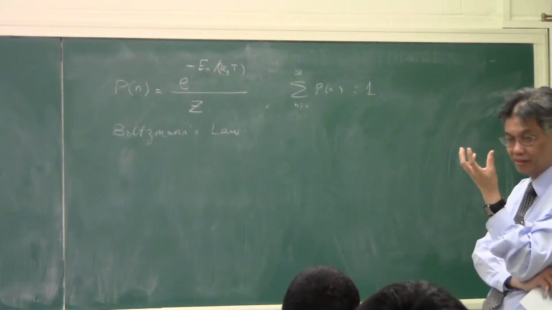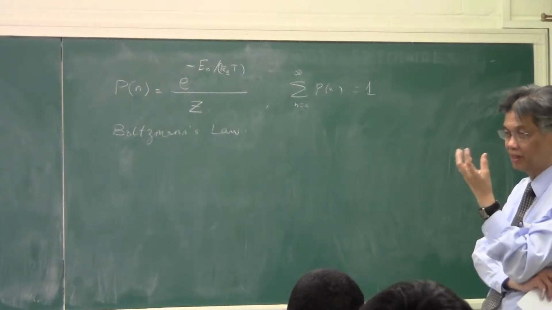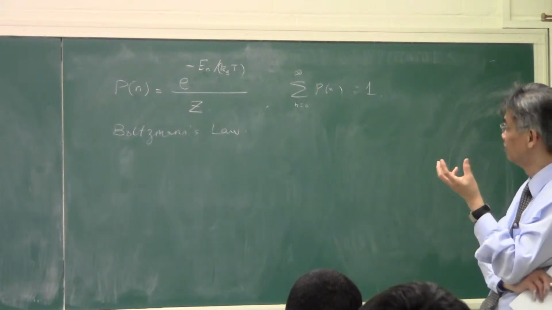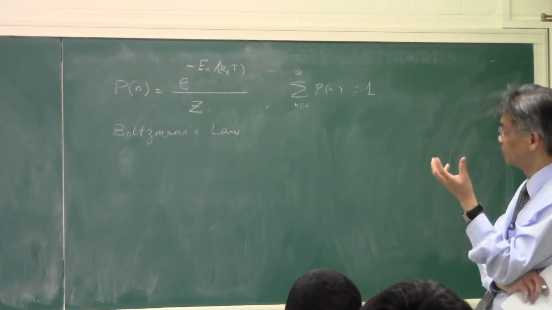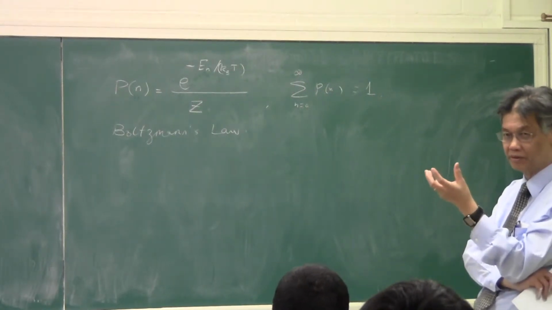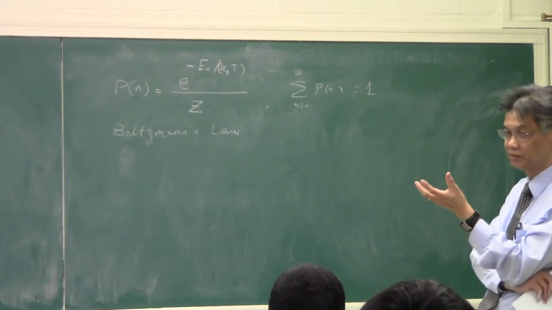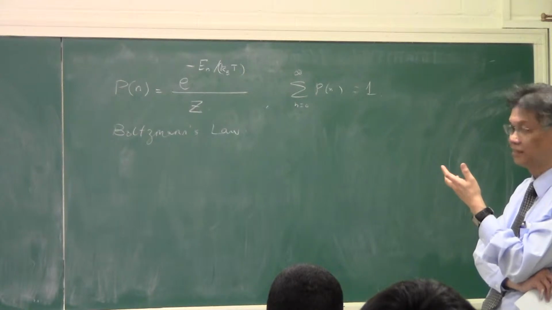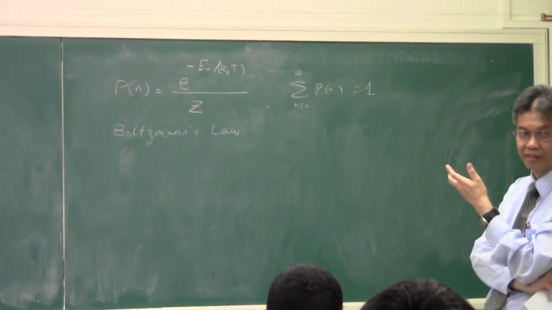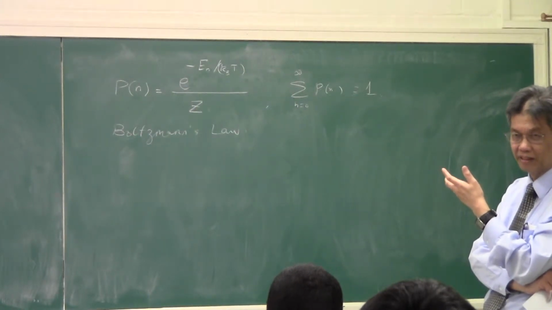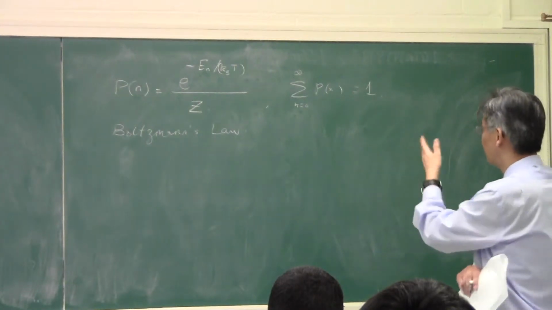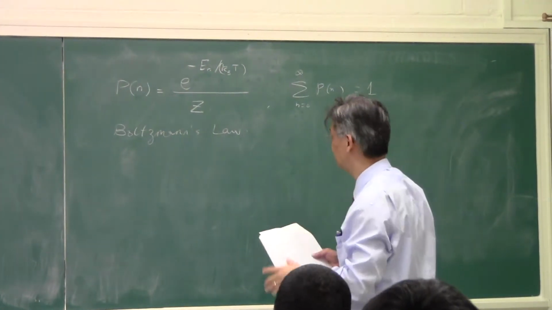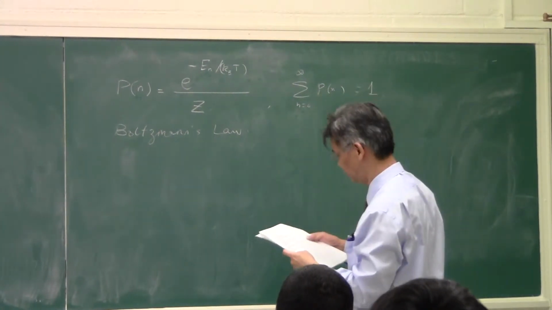If the system has very low energy, and it is in thermal equilibrium with the environment, then it has a high probability to be in a low energy state. So it satisfies our sanity check. You can derive it using statistical mechanics, but it makes a lot of sense.